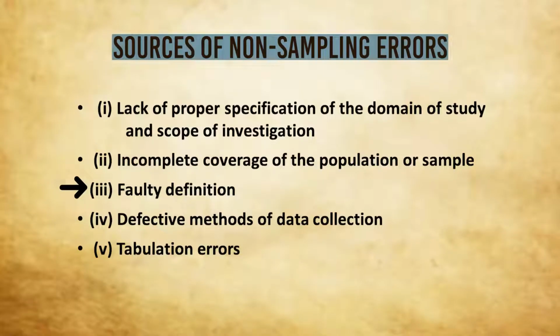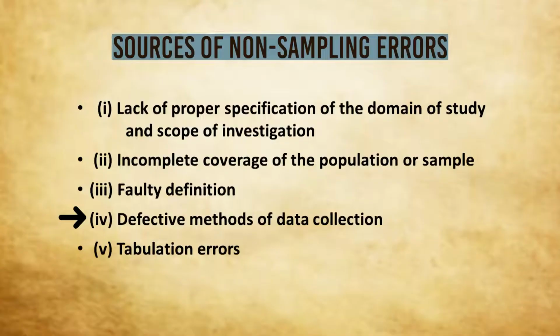Faulty definition. Definition of poverty line. We have to be updated about the definition of poverty line. It gets changed from time to time depending on the policy of the government. So these definitions are to be crystal clear. Defective methods of data collection. Sometimes we do not collect data randomly at all.